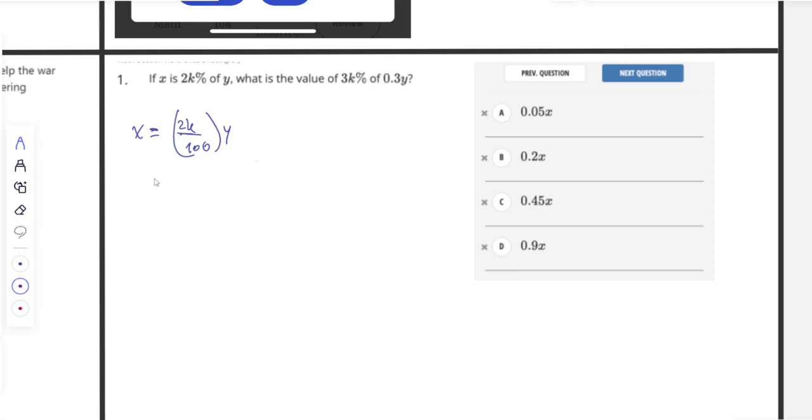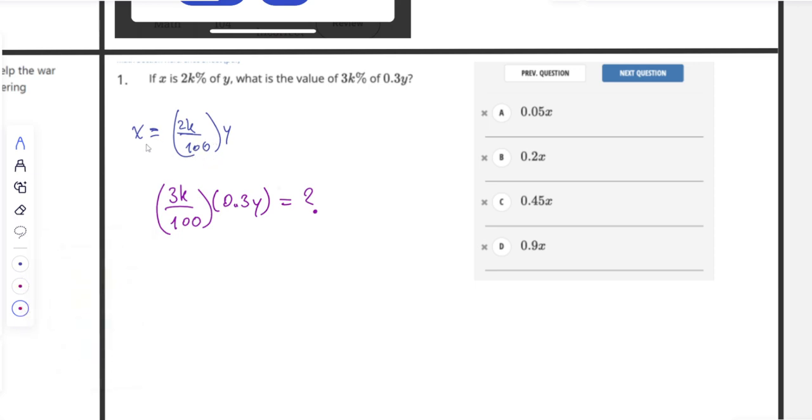Then what is the value of 3k% of 0.3y? It's like extremely complex. But we can do this in a couple of ways.